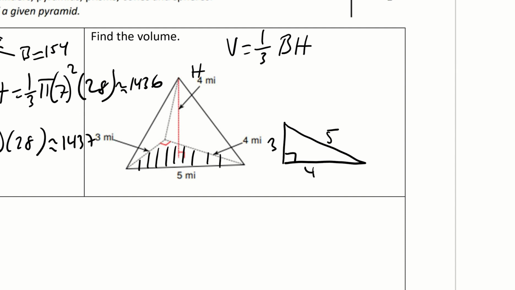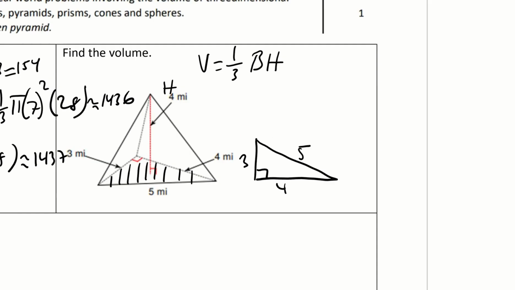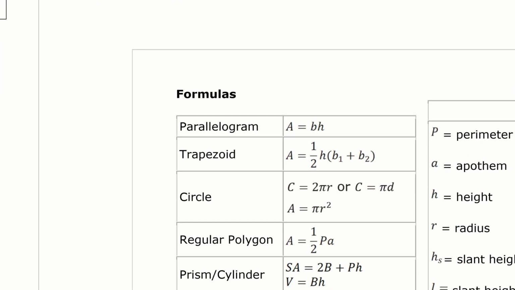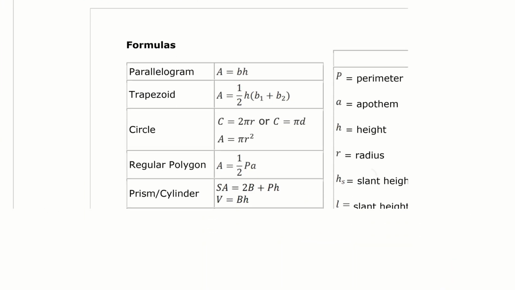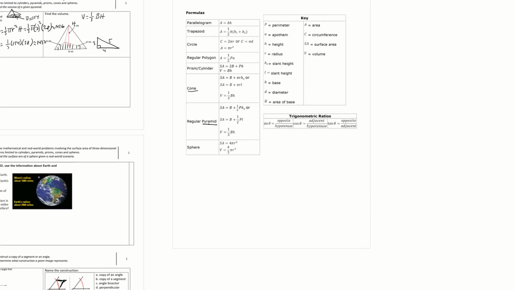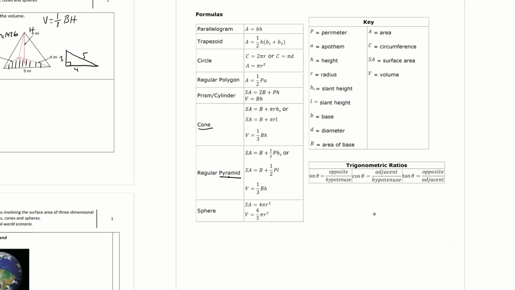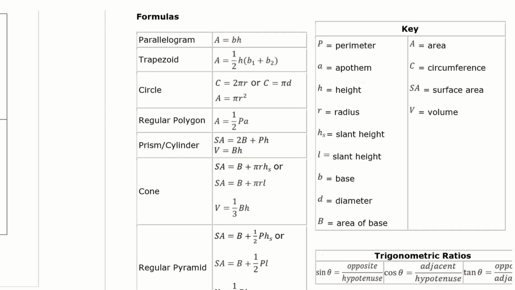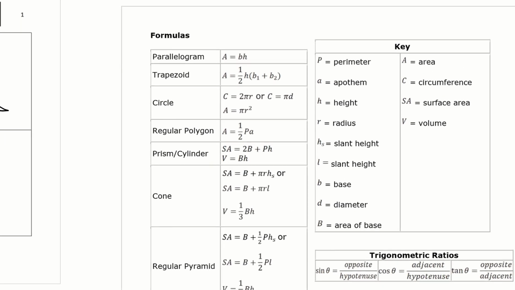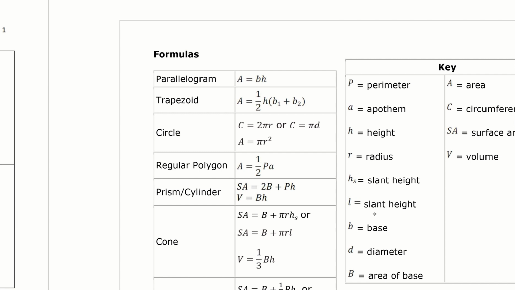Now it's important to note that the area of a triangle is not given in this formula sheet. It's not, okay? So it's imperative that you remember what the formula for the triangle is. It's not hard to memorize. So please memorize the formula of the triangle. Or you can realize that they give you the formula for a parallelogram.